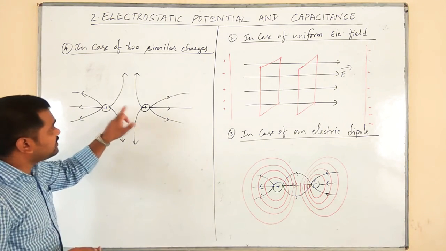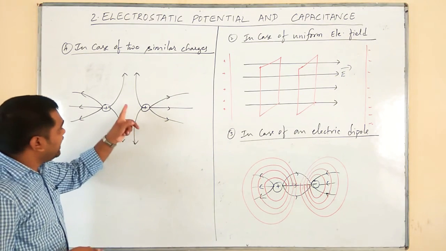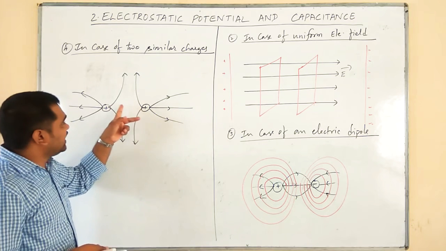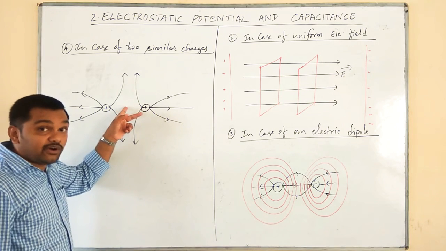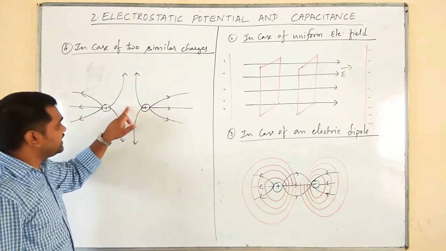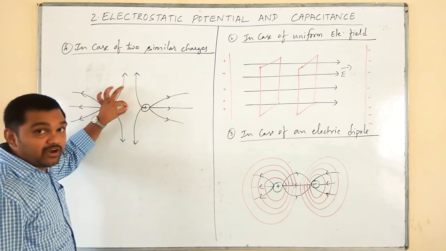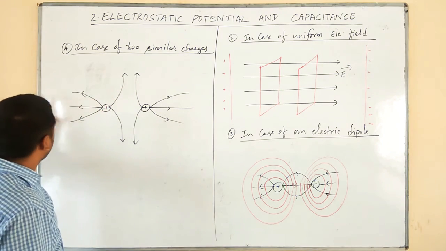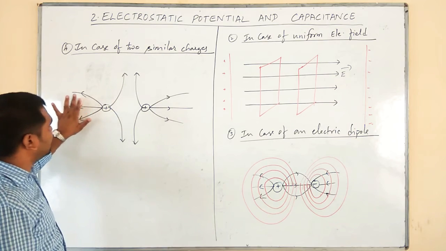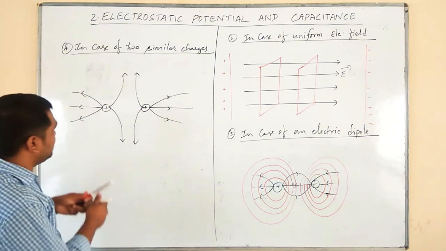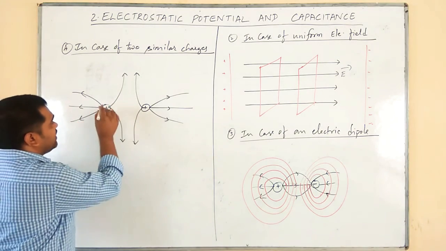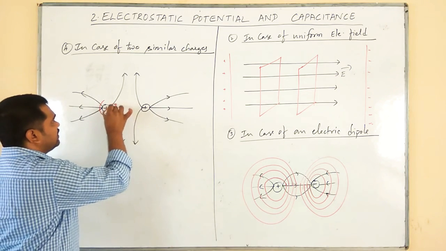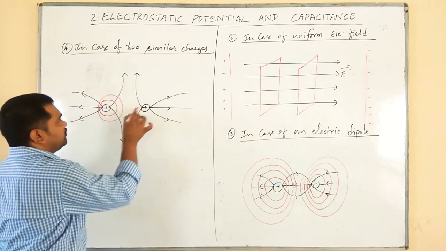Next, between these two electric charges, exactly at the center, the electric field will be 0, isn't it? That is the null point. So therefore, as we go away, the value of the electric field goes on increasing. Therefore, here they are well separated, like this.